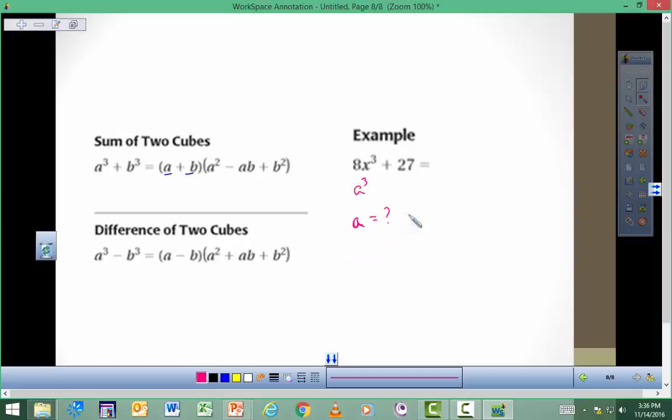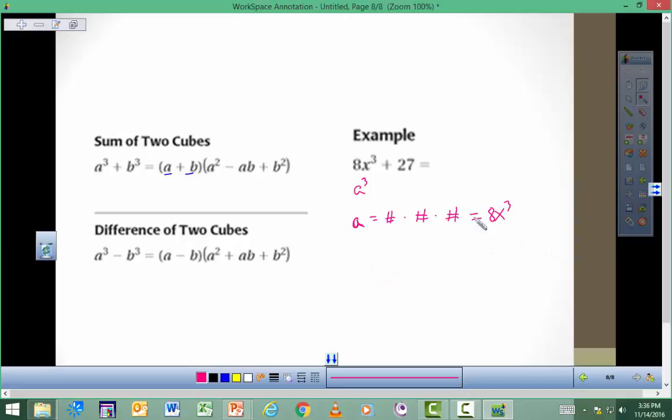So a needs to be some number that's multiplied 3 times to give you the original number that we started with. So it's a number times a number times a number, and it equals 8x cubed.